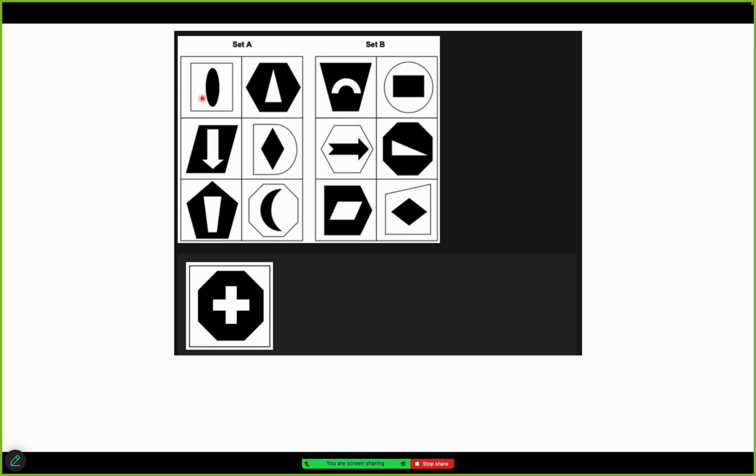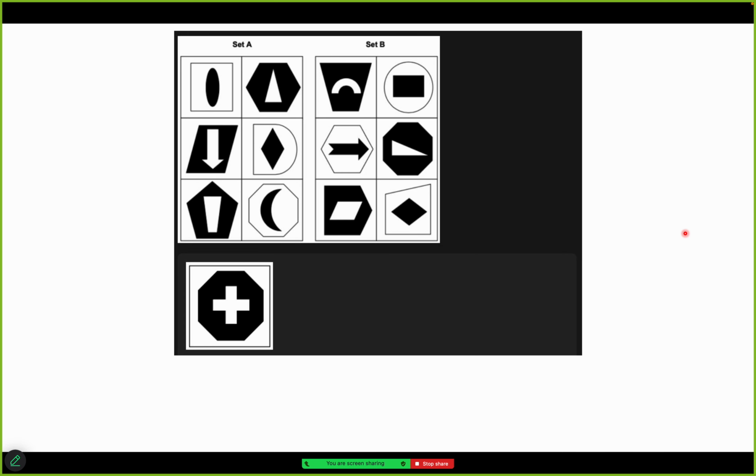The one thing which works is that here the inner one has more length than width. It's all tall structures. Here the inner ones are all wide structures. You can see that it's more wide. So that's the main clue.